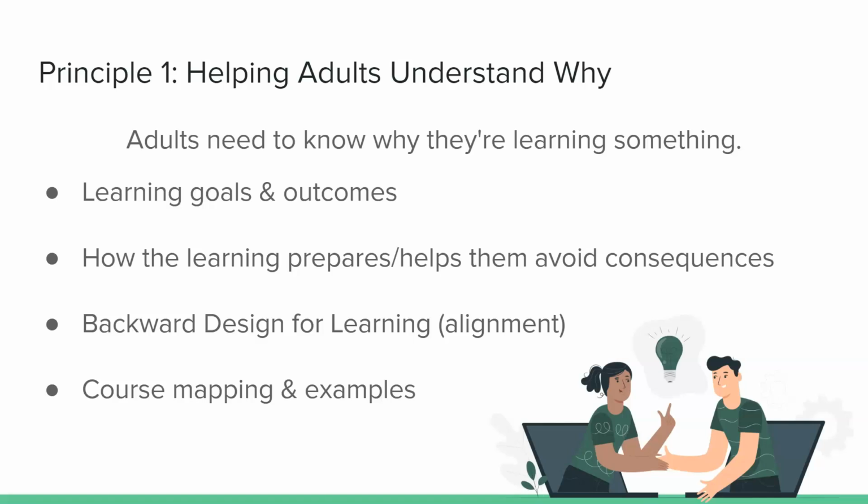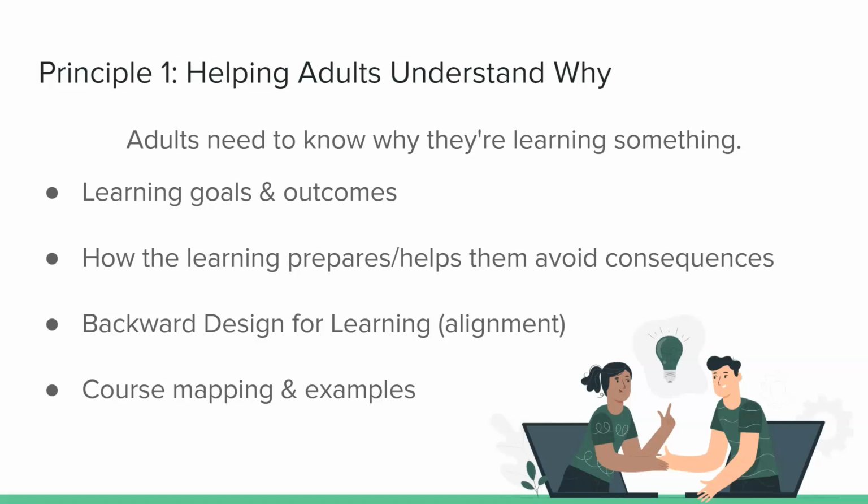Because when we can visualize what they will be able to do as a result of participating in our training or lesson, they are going to benefit from that. It helps us when we design instruction, and it helps them because they understand why they're learning a thing. What is the practical value of this?